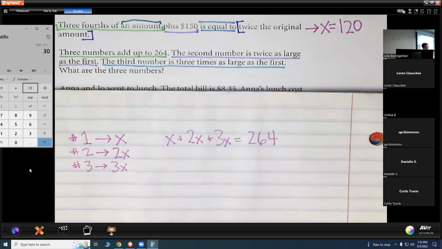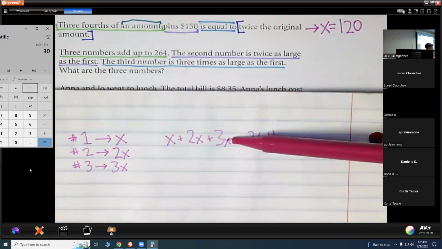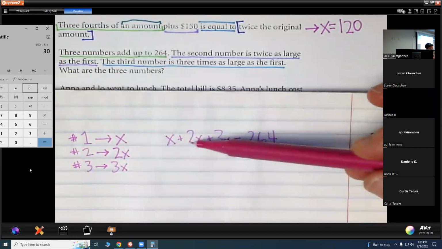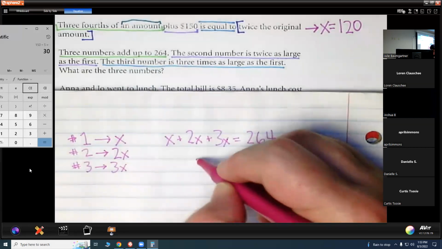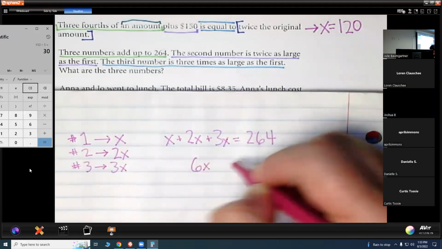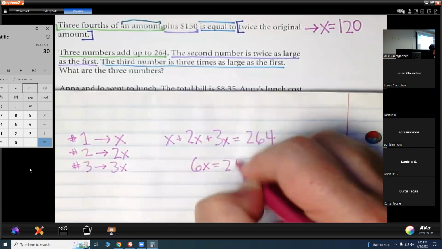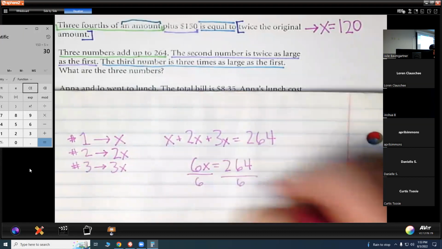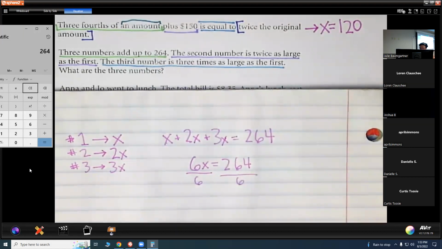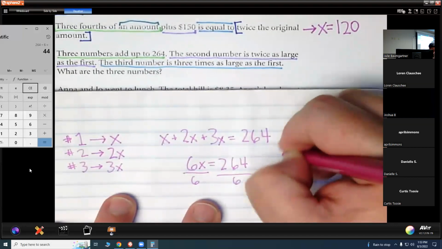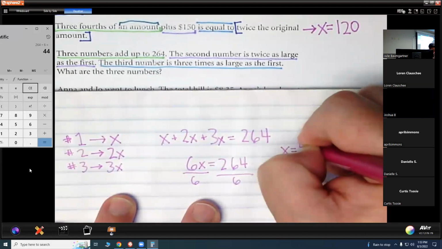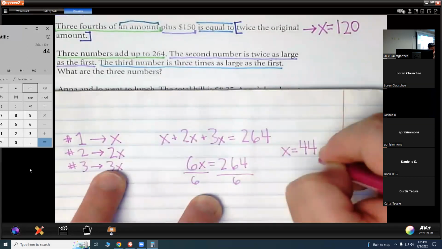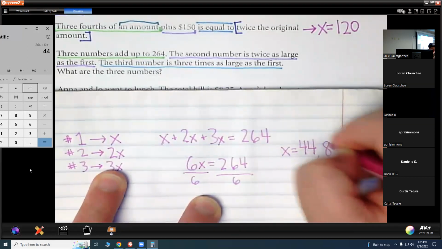So I've got all these like terms on this side. So 1 plus 2 plus 3 is 6. And then let's just divide both sides by 6. So the first number is 44. The second number is 88.